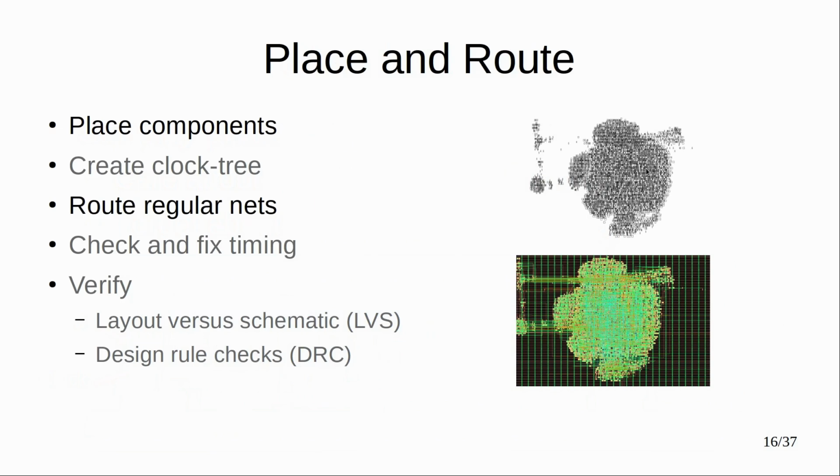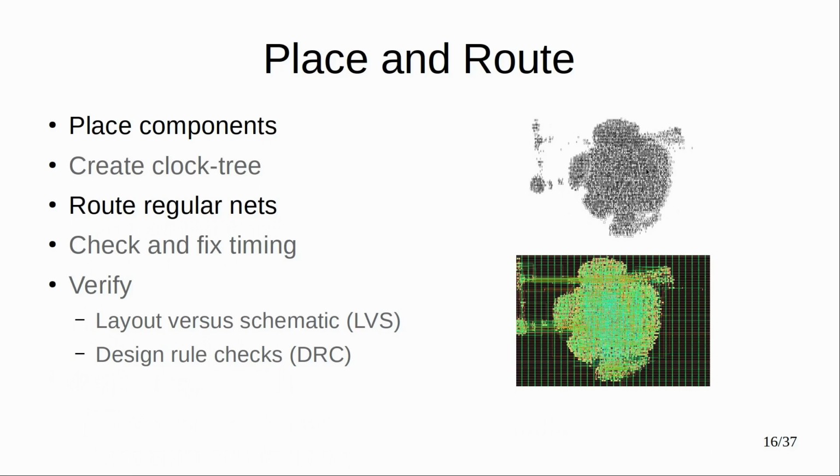So let's get to place and route. What we need to do first is we have these thousands or millions of components. We need to decide where to place them on the chip. Then we need to distribute the clock to, for instance, the flip-flops. We will not talk about this today.